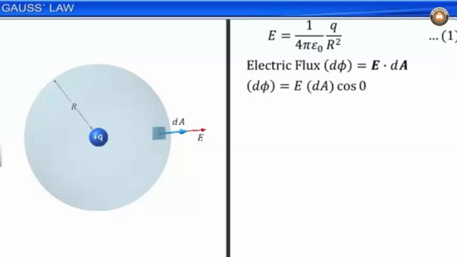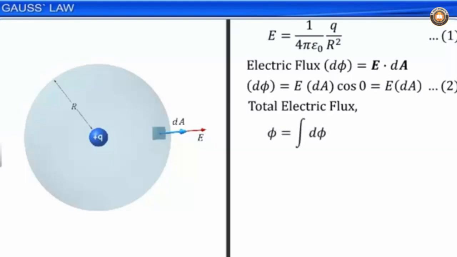To find the total electric flux phi through the Gaussian surface, we now integrate d phi. Therefore, phi is equal to integral d phi, and this is equal to integral E dA. The total electric flux can also be referred to as the net electric flux. Since E is constant in magnitude for all points on the Gaussian surface, we have integral E dA is equal to E into integral dA.